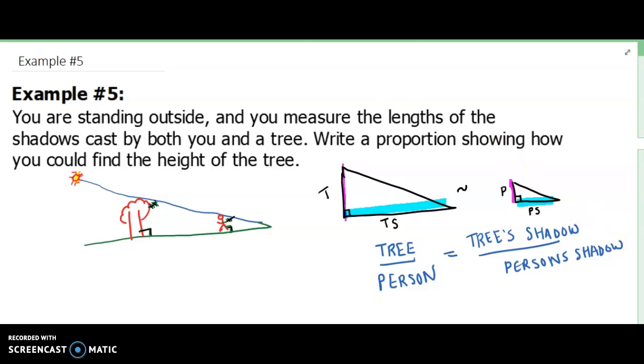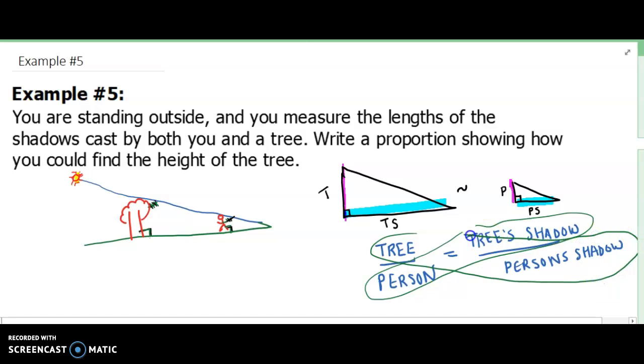Okay, now this would be fine, but if I want to go one step further, I could say this here and this here. So I can say the tree times the person's shadow equals the person times the tree's shadow.